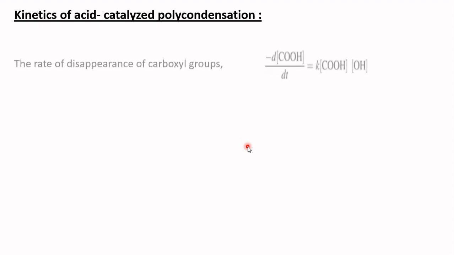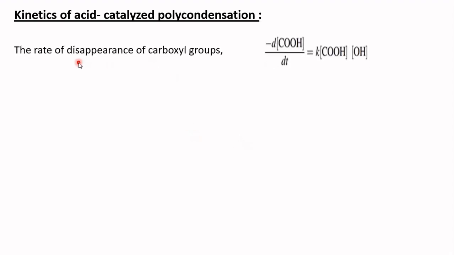In case of acid-catalyzed polycondensation, the condensation reactions are enhanced by the presence of a strong acid as a catalyst. For a catalyzed reaction where the diacid and diol are present in equimolar amounts, the reaction is followed by measuring the rate of disappearance of carboxylic acid, represented as minus d by dt of COOH equal to K into concentration of COOH into concentration of OH.